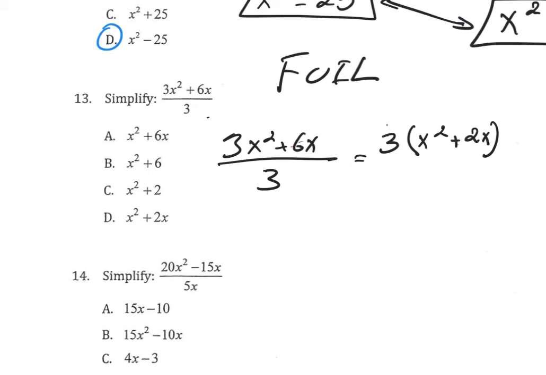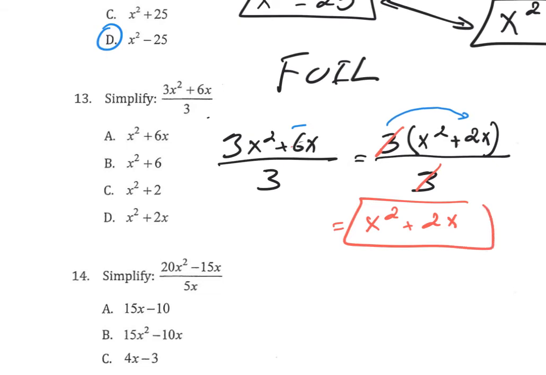Because 3 times 2x will give me 6x, and that's going to be over 3. Now, since we have multiplication here, we are free to cancel the 3 with 3. And the answer will be x squared plus 2x, okay? Which is definitely going to be D as the final answer.